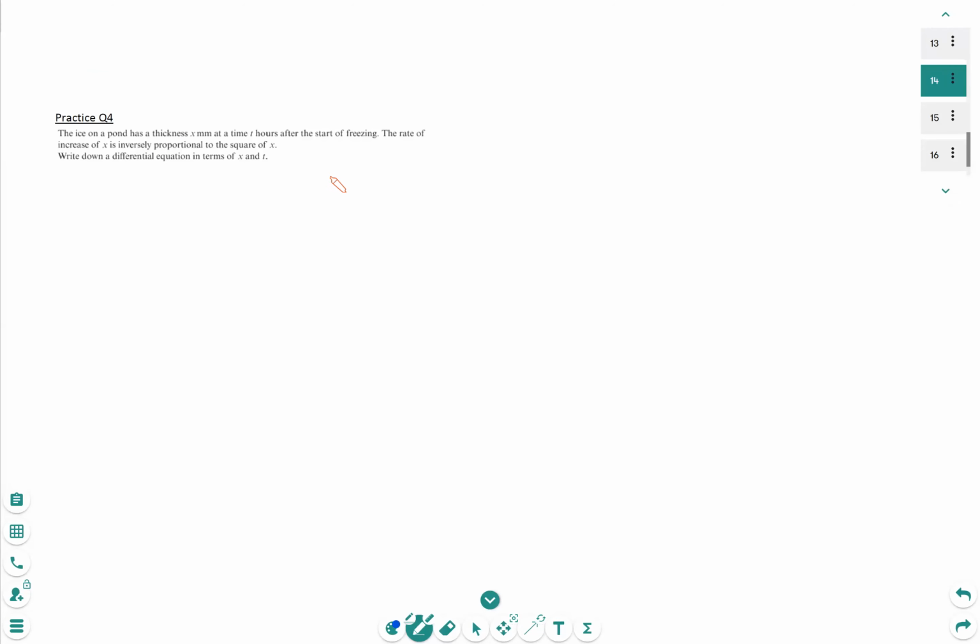Right, the ice on a pond has a thickness x millimeters after time t hours after the start of freezing. The rate of increase, which means positive, of x is inversely proportional to the square of x. This time we're measuring dx over dt.